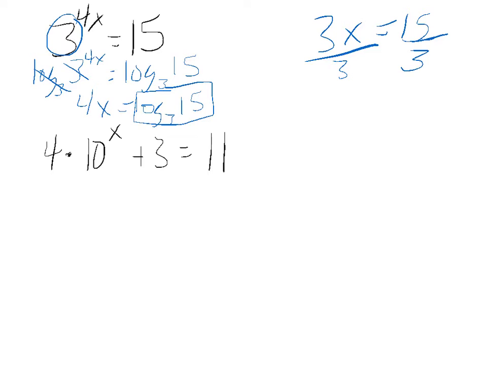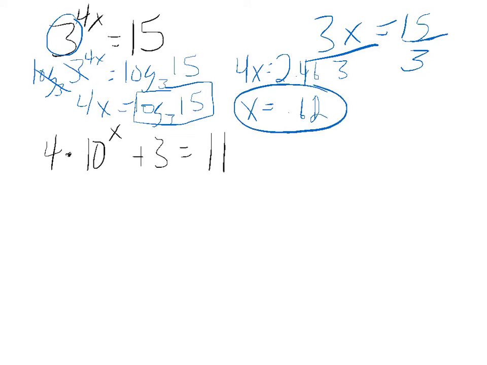And for me, that would be log 15 divided by log 3. And I get, so 4x equals about 2.46. And then divide both sides by 4. And you get about 0.61, okay, or 0.62. So x is 0.62. All right.